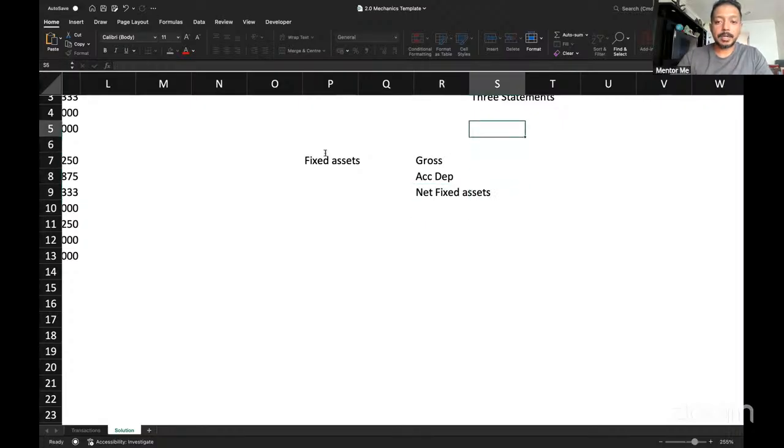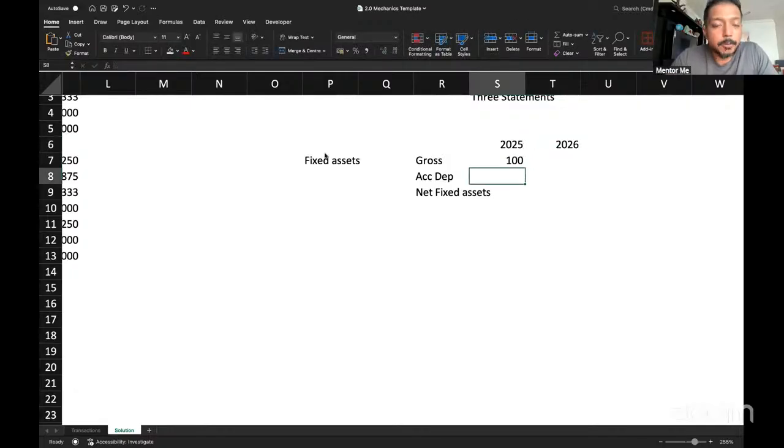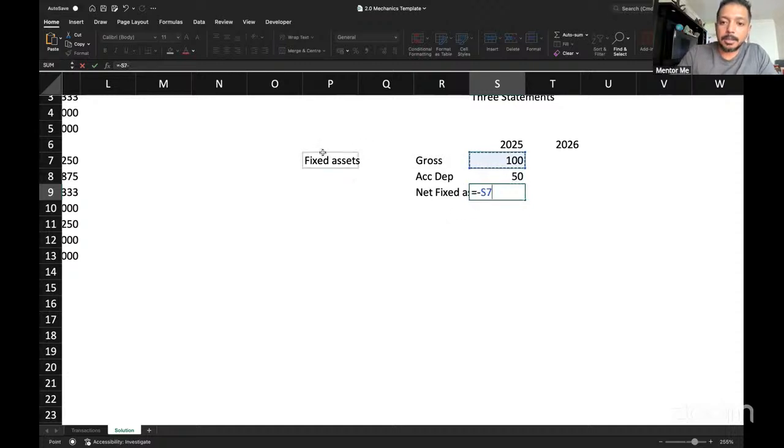So let's say this is 2025 and 2026, and 100 gross value might be there that you purchased the equipment. Let's say 50 was the accumulated depreciation, and this is the net fixed asset, sorry.